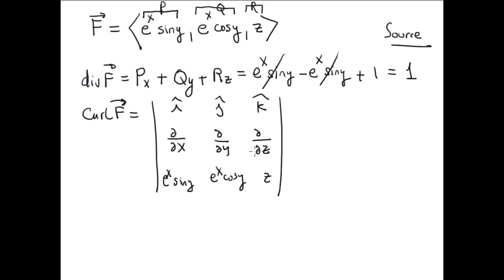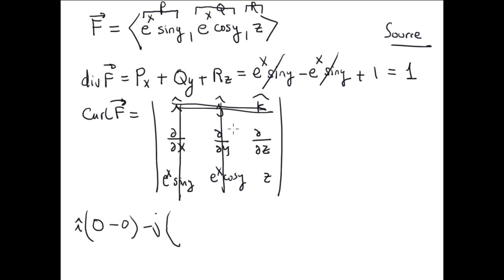Okay, ready. I component, parentheses, delete this and this. Partial derivative of Z with respect to Y is 0. Partial derivative of this expression with respect to Z is 0. Minus j, this and this. Stay this and this.